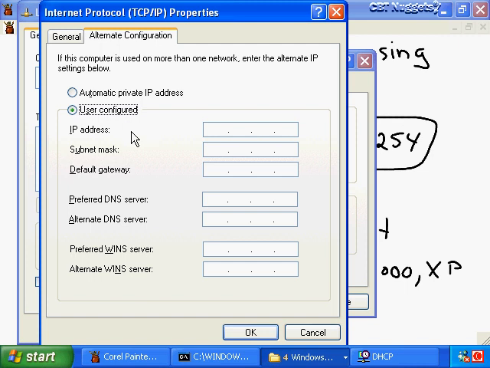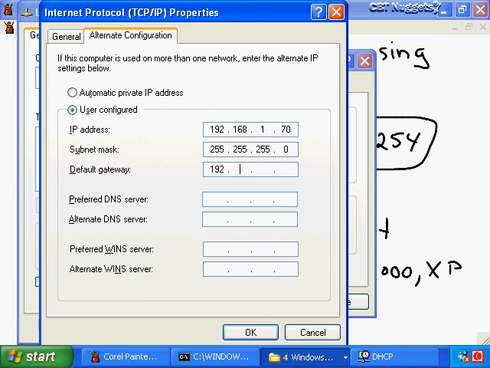So we just click on the radio button for user configured, type in the IP address that they need in their alternate area, wherever that might be, home, let's say 192.168.1.70. Press the tab key that automatically populates the subnet mask.